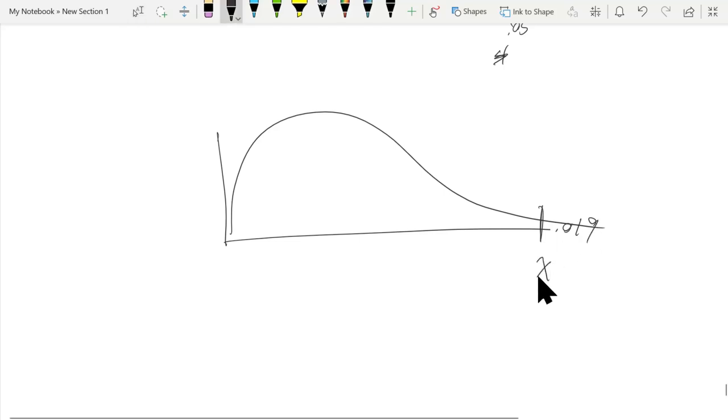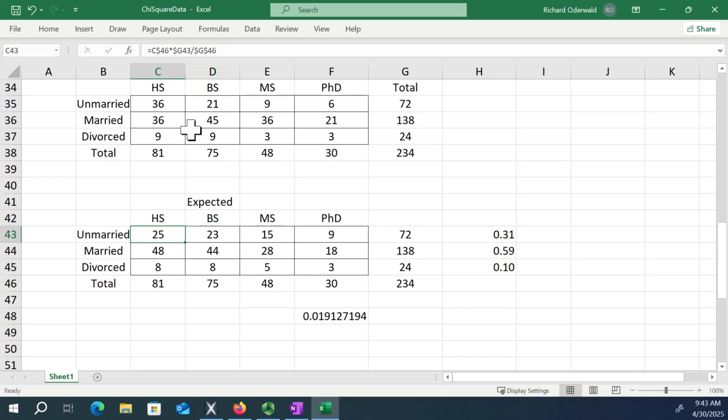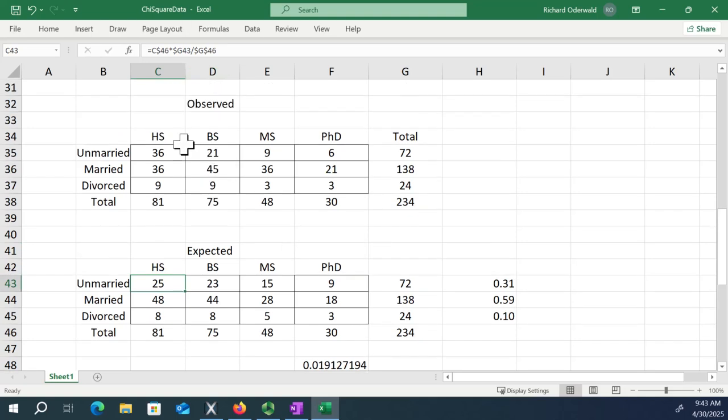This is where the actual chi-square test value is. If I'm doing this at the 5% level, this is in the tail. I reject that these things are independent. Marital status and education level are not independent.